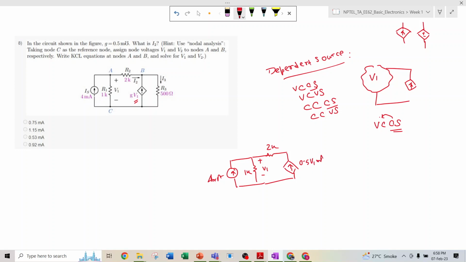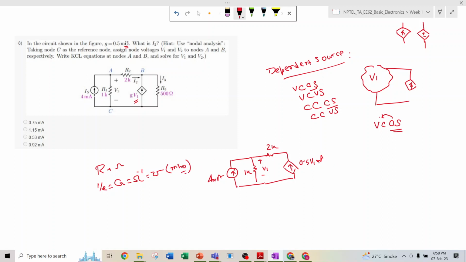This is milliampere. Why milliampere? Because GM is given as millimho, that is known as mho. For the resistance we use ohm, and 1 upon resistance is nothing but the conductance, whose unit is ohm inverse. Ohm inverse we write as mho, or Siemens.